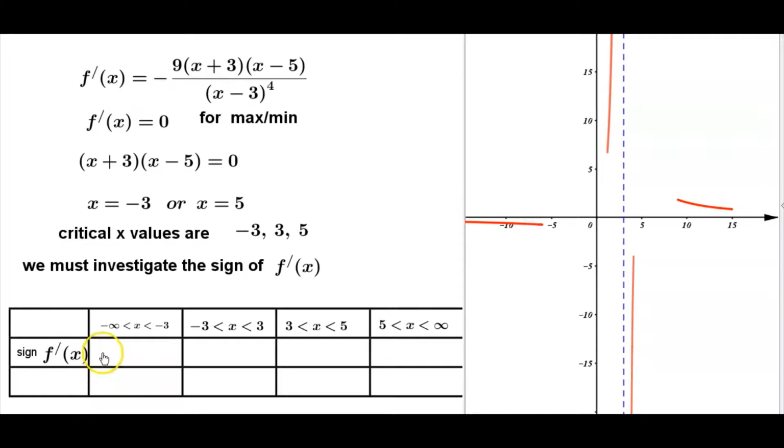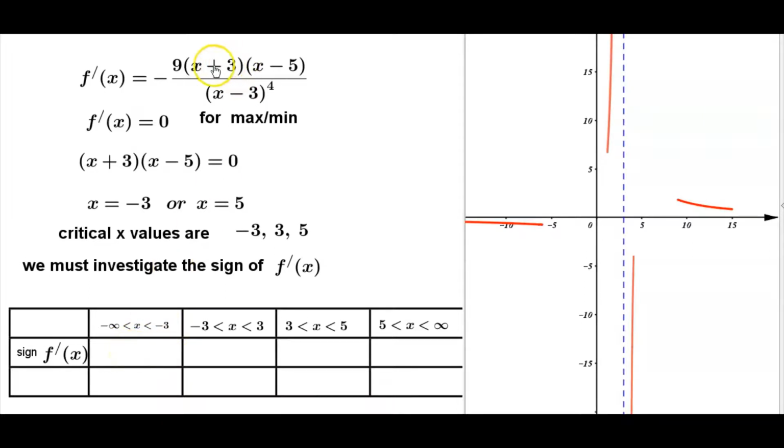To find out the sign of f dash x in this range, we want to find one of the values in this range and substitute in f dash x. Here we consider one of the values between -infinity and -3, say -10.